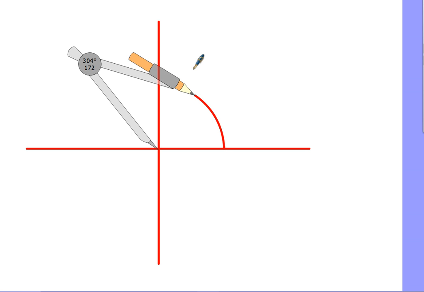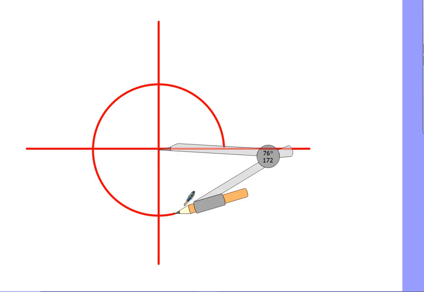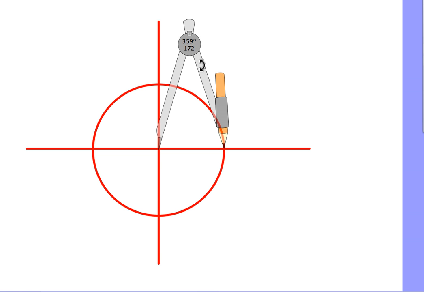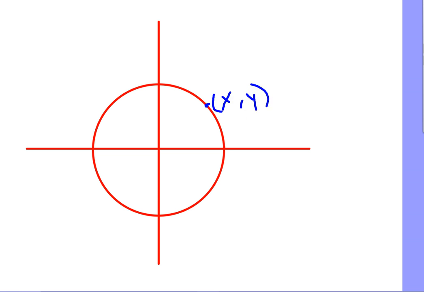Let me just draw a circle real quick, and I'm going to have the center of my circle at the origin. Let's choose a point on the circle. We all would agree that that point is just some x value and some y value. There's my x-axis, there's my y-axis.